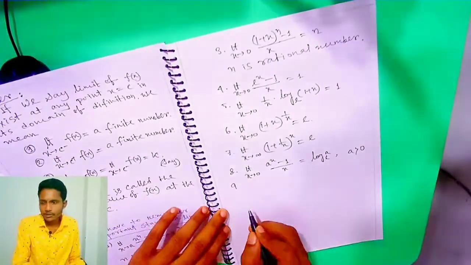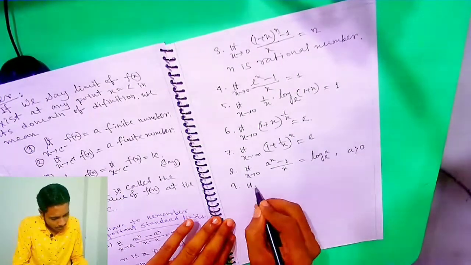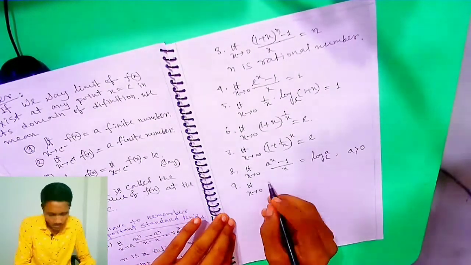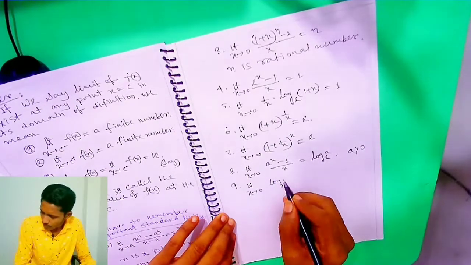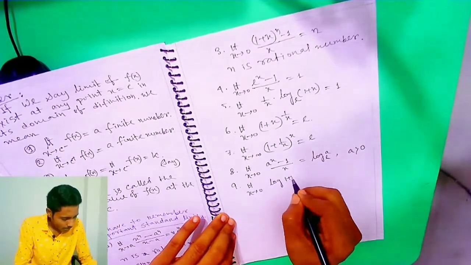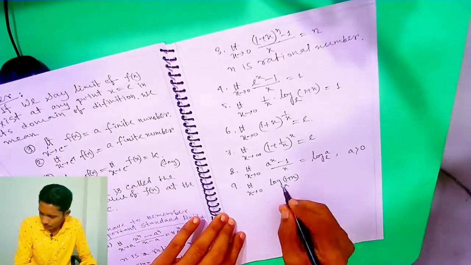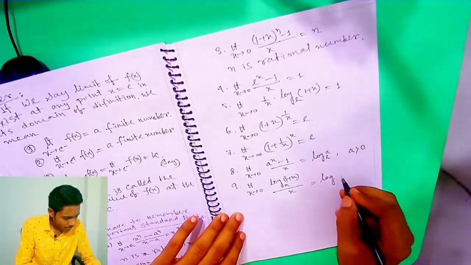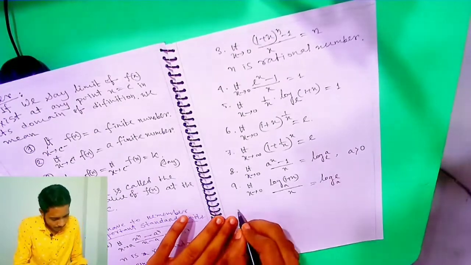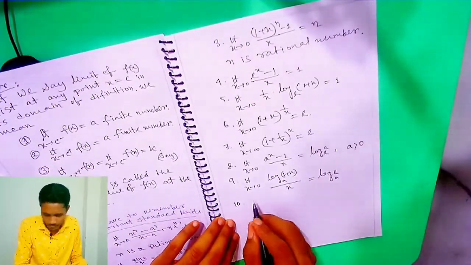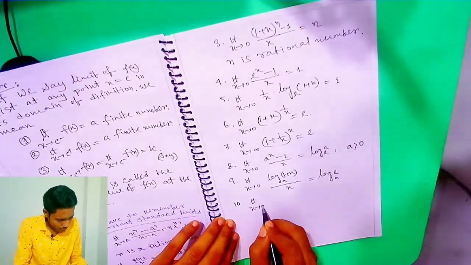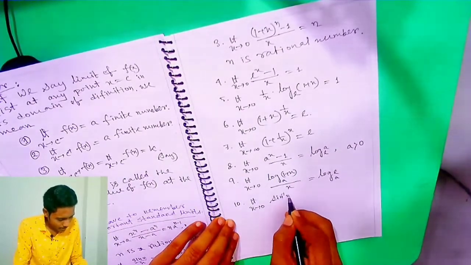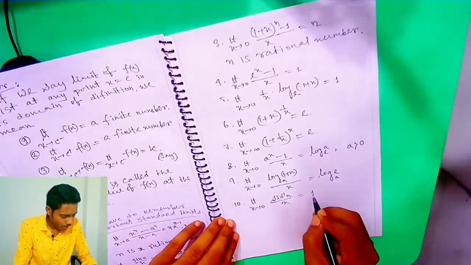6, limit x tends to 0, (1 plus x) to the power 1 by x is equal to e. 7, limit x tends to infinity, (1 plus 1 by x) to the power x is equal to e. Then 8, limit x tends to 0, (a to the power x minus 1) divided by x is equal to log a base e, a greater than 0. And 9, limit x tends to 0, log base a of (1 plus x) divided by x is equal to log e base a. 10, limit x tends to 0, sin inverse x divided by x is equal to 1.